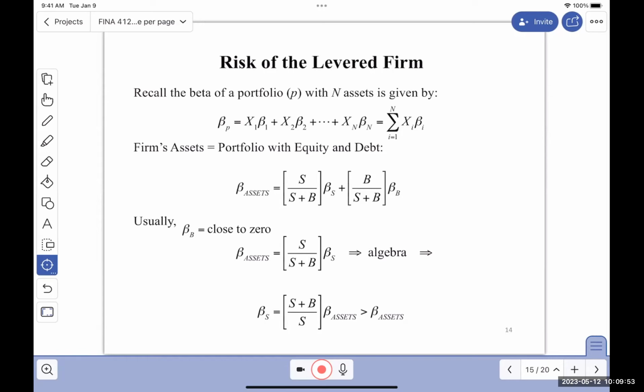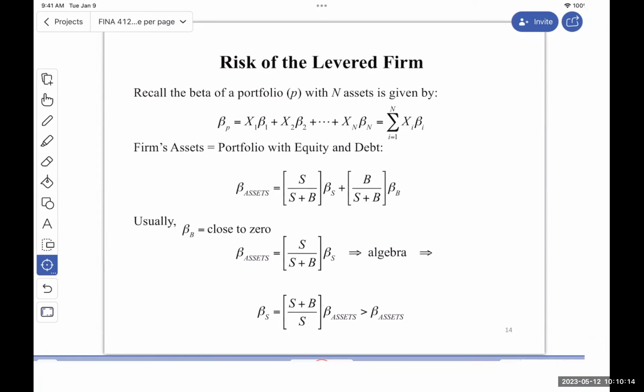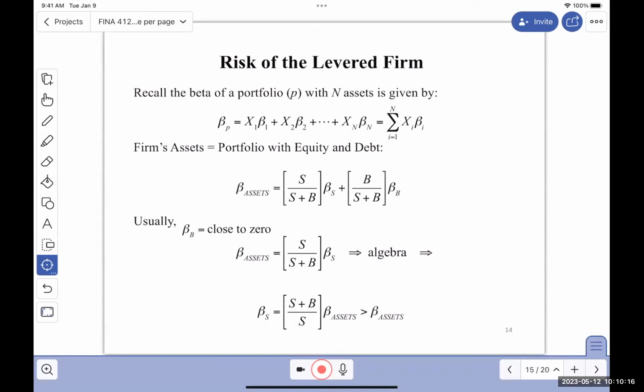Professor, it looks really similar to the 49. It's the same mathematics and statistics. Yeah, it's the same statistics, exactly. So I need to say something here: I didn't put the 1 minus TC in here. It's coming.